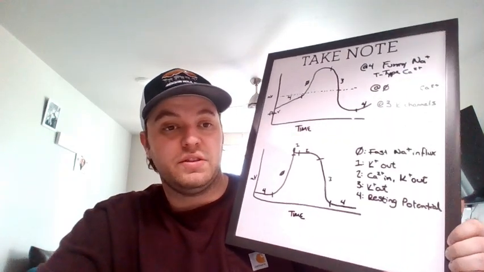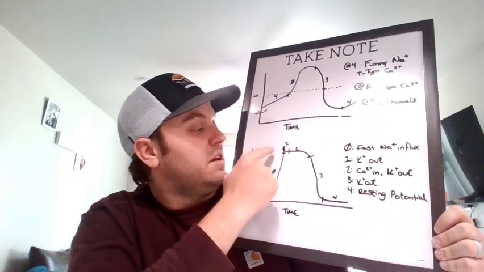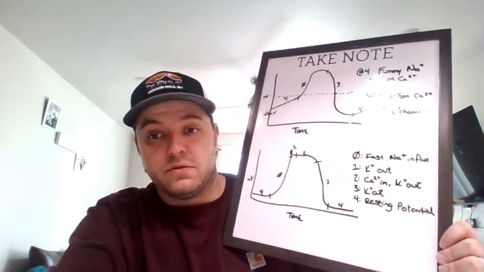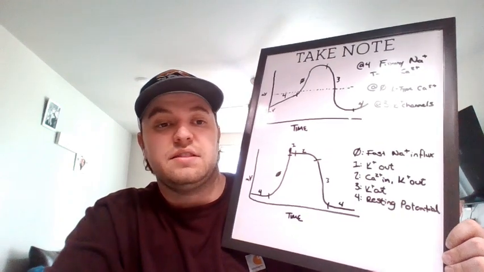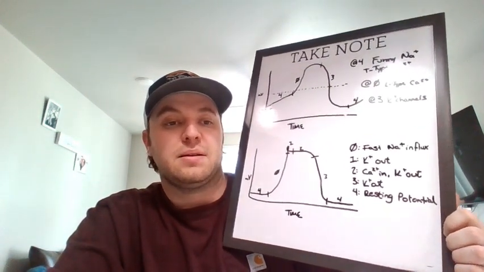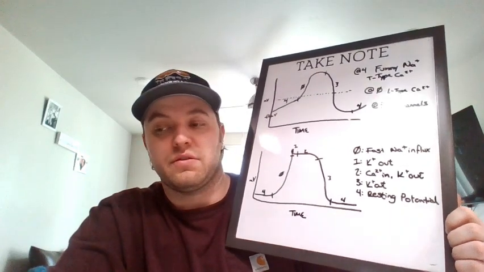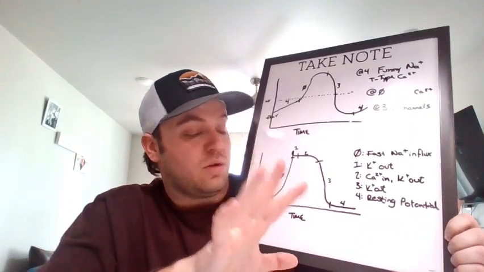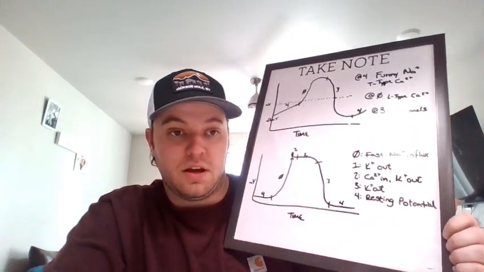And then we get a small dip from phase 1 right here. It goes up and then it dips down quite rapidly, but really small. This is very brief, and it is due to a brief potassium efflux. So we have potassium wanting to come out of the cell there.